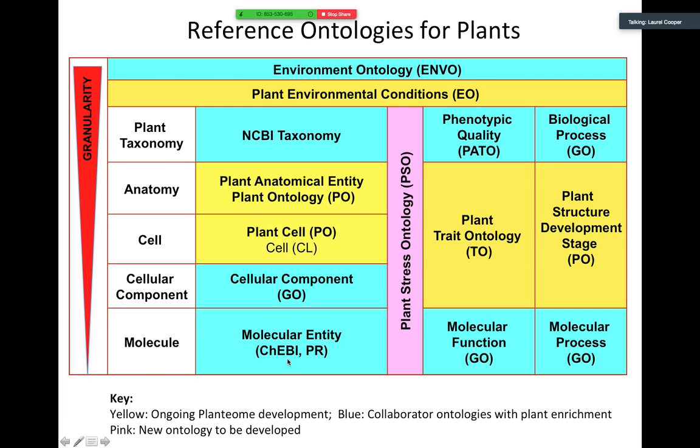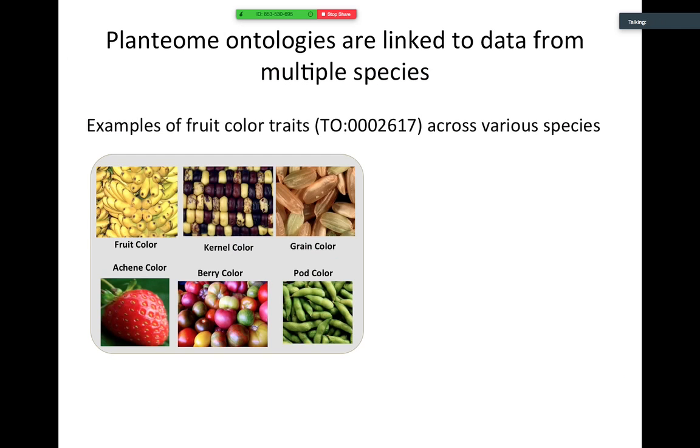We also use a lot of terms from Chemical Entities of Biological Interest, ChEBI, the protein ontology, and also, of course, things are related back to their meaning in the NCBI taxonomy.